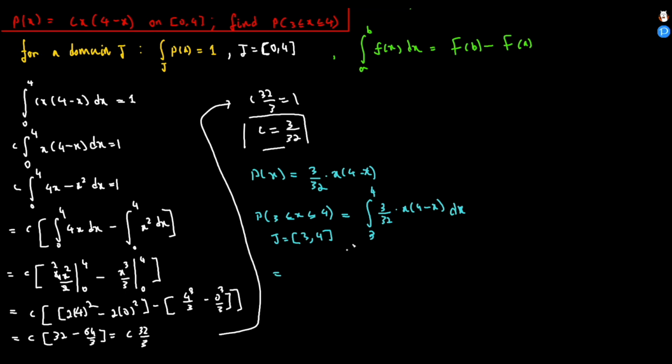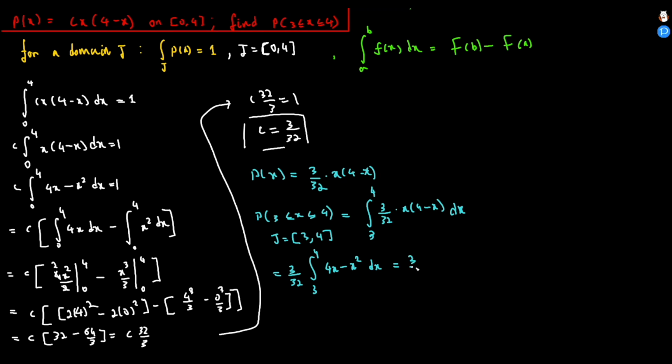So let's just work this out. I'm going to pull this 3 over 32 to the outside, which is the same thing we did here with c, right? And then that's going to be the integral between 3 and 4 of 4x minus x squared dx. Okay, so we already did this integration over here, right? So we're going to end up with the exact same function.